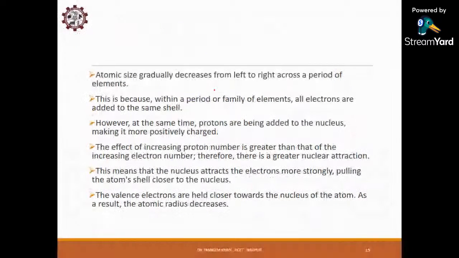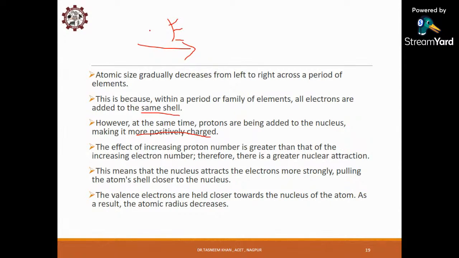So atomic size gradually decreases from left to right across the period. This is because within a period, electrons have been added to the same shell. Going left to right, the same shell remains, and electrons keep adding up in it. However, protons have been added to the nucleus, making it more positively charged.